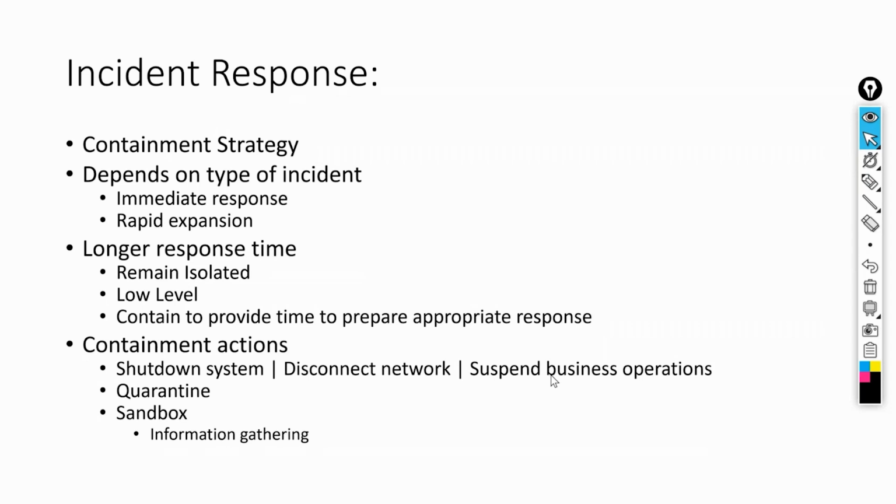So it basically depends on the type of incident. Immediate response plus rapid expansion. It's not a solution, but it's a temporary workaround which you are doing. Another technical example of a containment strategy in terms of IT: you received a phishing email. What is the first thing your SOC team does?